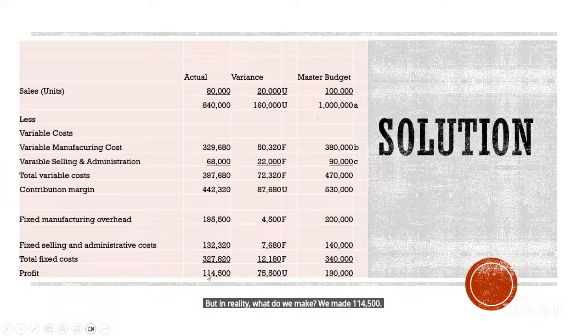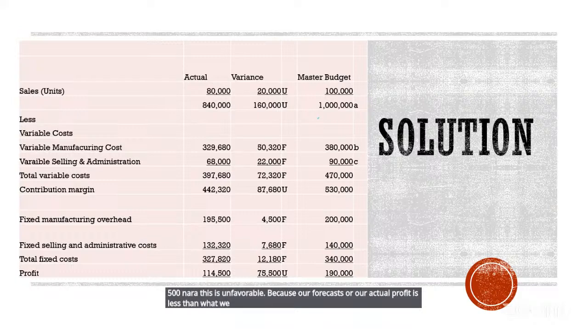We subtract 114,500 from 190,000, you get 75,500 naira. This is unfavorable because our actual profit is less than what we budgeted. So it's not favorable for the business. That's how you do variance analysis.